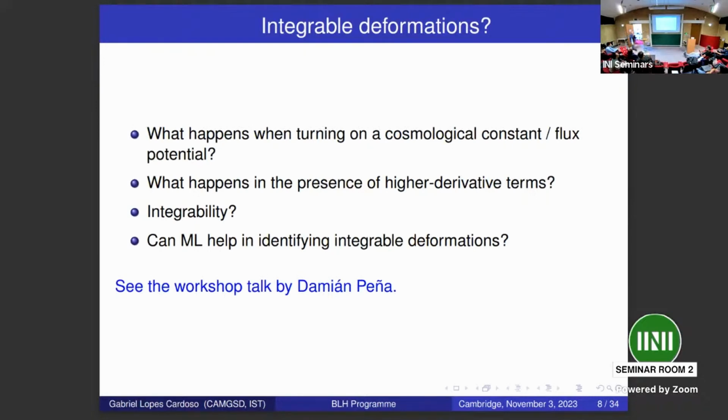As I said, it's well known that this subspace is integrable. It has an integrable system associated to it. So you may wonder what happens when one turns on a cosmological constant or a potential for the scalar fields. Is the system still going to be integrable?